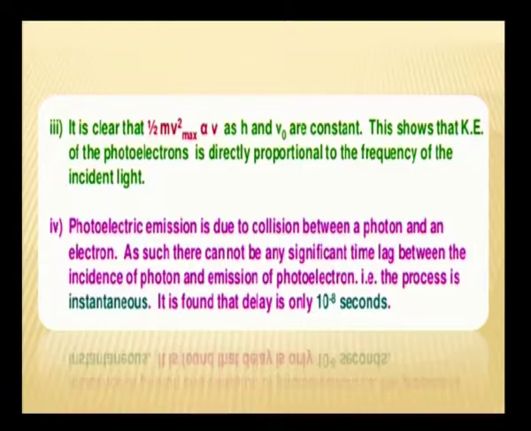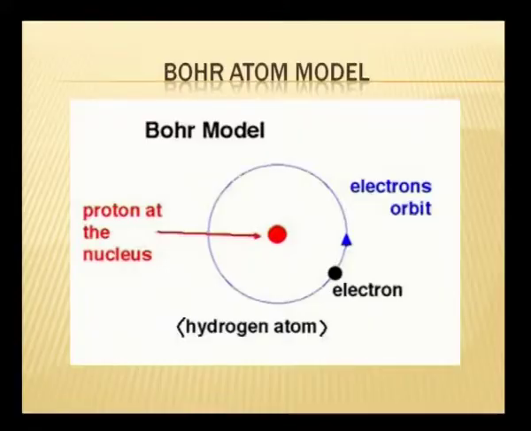With this, we feel that we are able to explain the laws of photoelectric emission using the famous Einstein's photoelectric equation. Now we pass on to know about the electrons themselves. We are talking about electrons coming out of metals. What are metals?